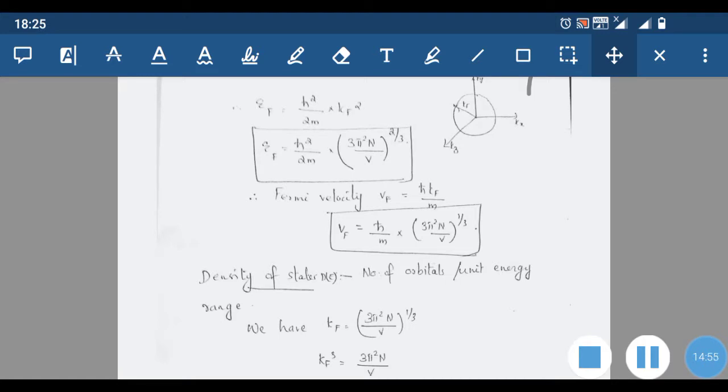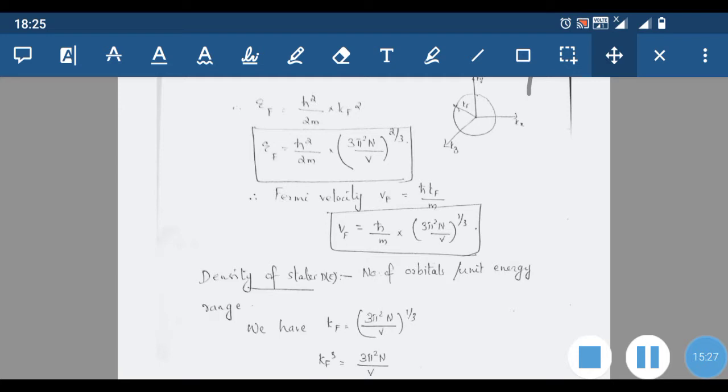All the occupied orbitals can be represented as points inside a sphere in K space, and the boundary of that will be the Fermi surface. The volume of that sphere will be 4/3 π r³, and since here it is K space, the maximum radius corresponds to kf, since the boundary is the Fermi energy. So it is 4/3 π kf³.